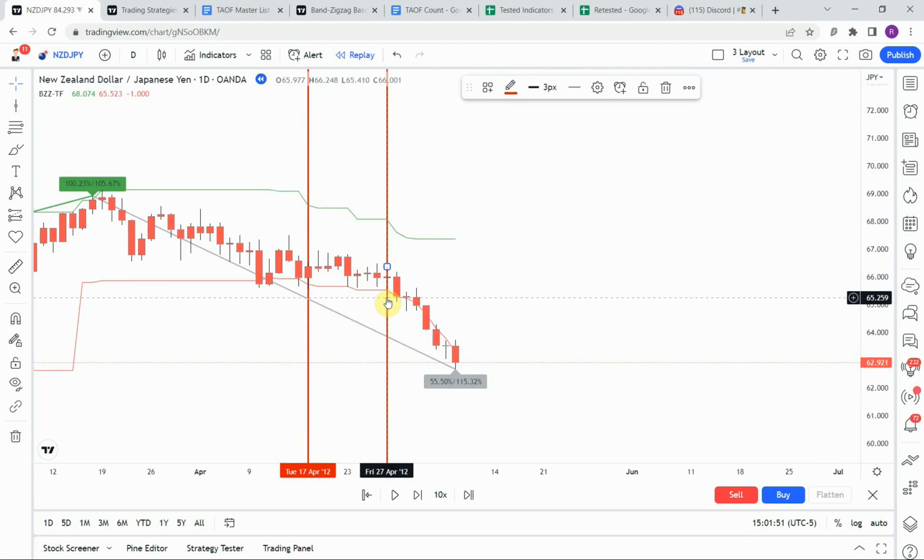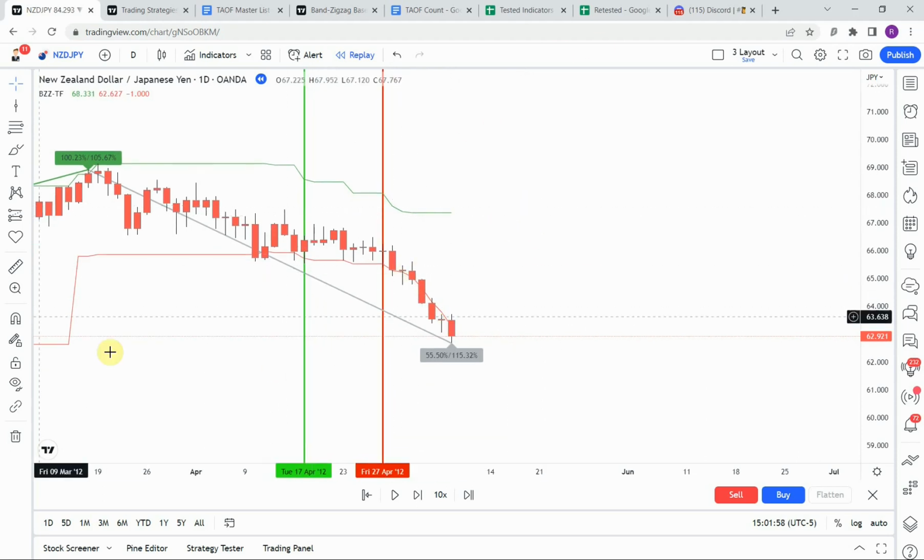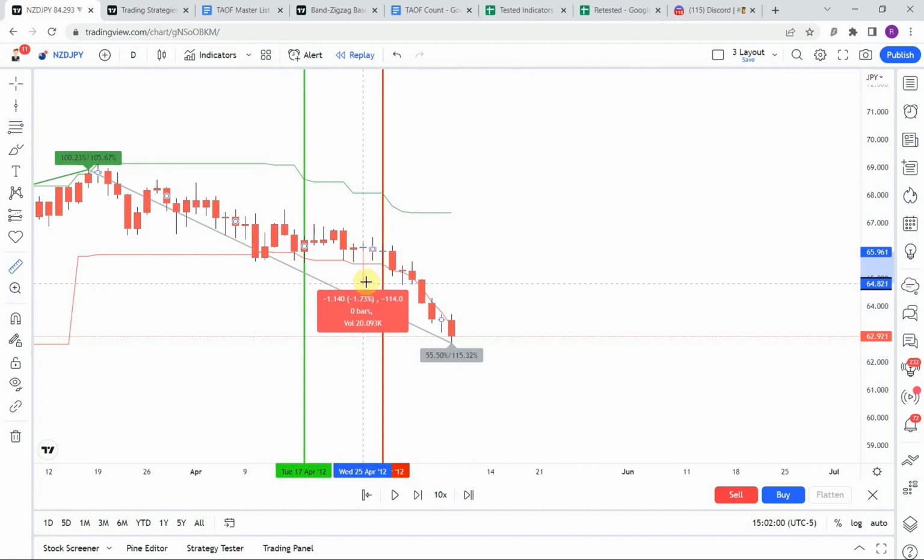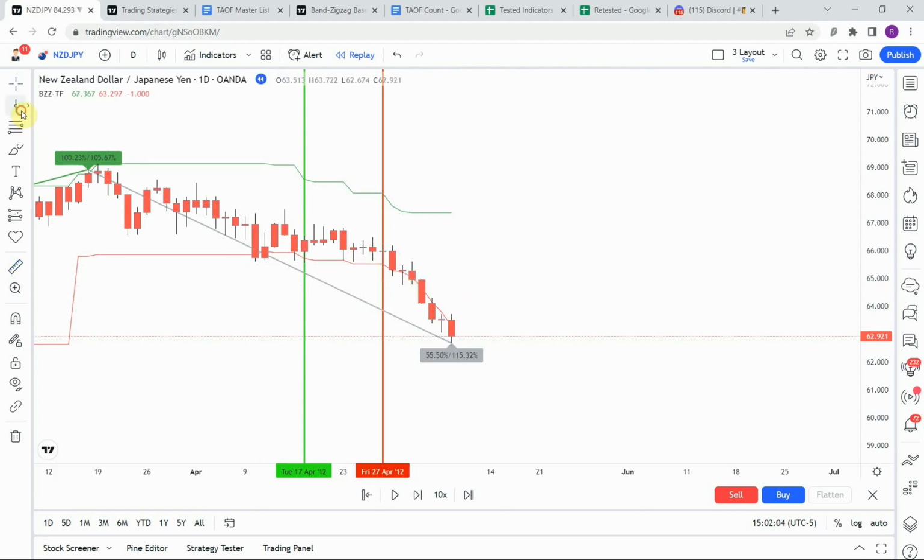So that would pick up the next signal then right here on this one. And so also a short signal, and we get another push to the downside right there on that one.